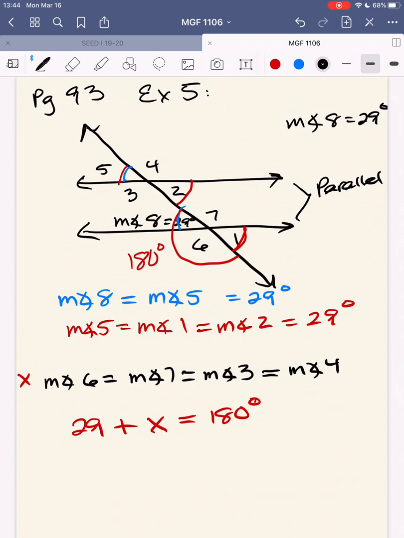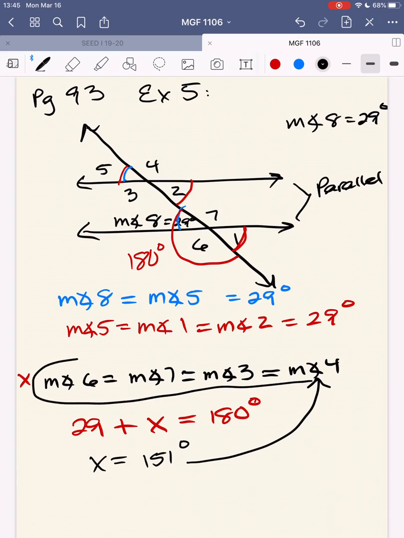So when I go ahead and solve, X is equal to 151 degrees. Which means all of these angles here are equal to 151 degrees. Okay, so those are all going to be the same.